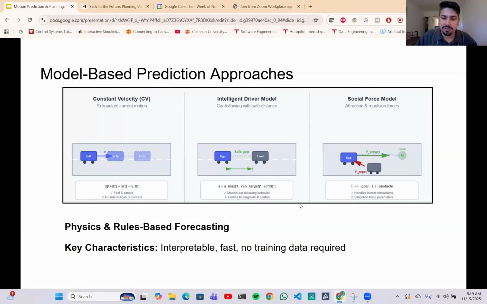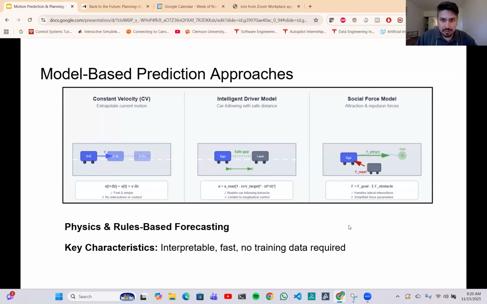In this case, we are showing that we are following the lead vehicle with a safe distance, and there is a very nice mathematical formulation of doing this. Then there are social force models, which are more like the robots that we have, for attraction and repelling from the agents and attracting to the goals. These are some different ways of generating these model predictions for the other agents, and including yourself as well.